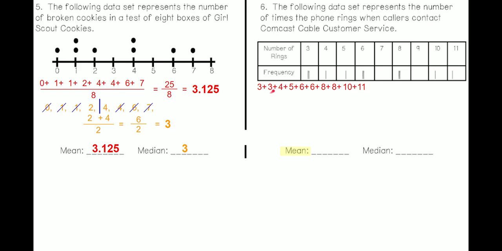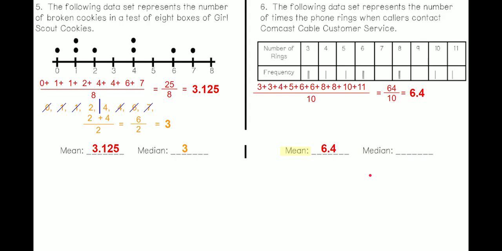So it looks like we have 1, 2, 3, 4, 5, 6, 7, 8, 9, 10 pieces of data. We're going to divide by 10. So if I simplify the top and add it all together, I get 64. Still need to divide it by the number of data pieces. And it looks like the average number of rings someone could expect is about 6, but I'm going to write the mean as 6.4.